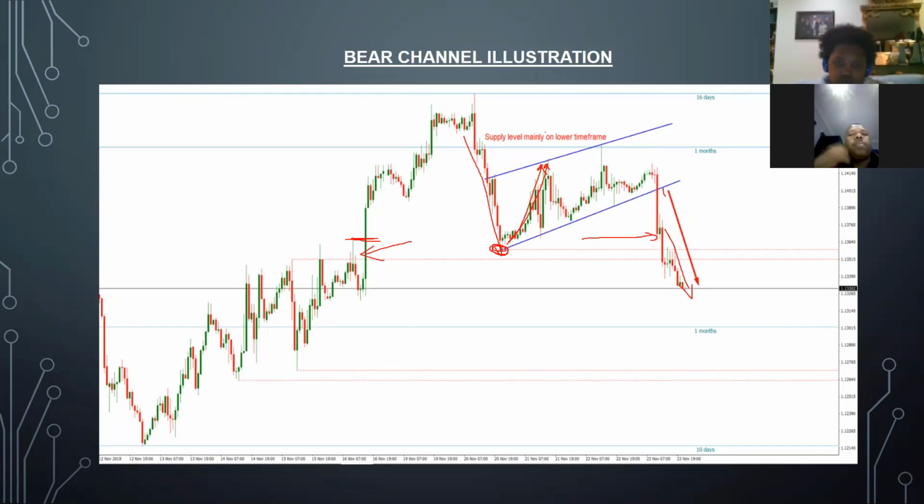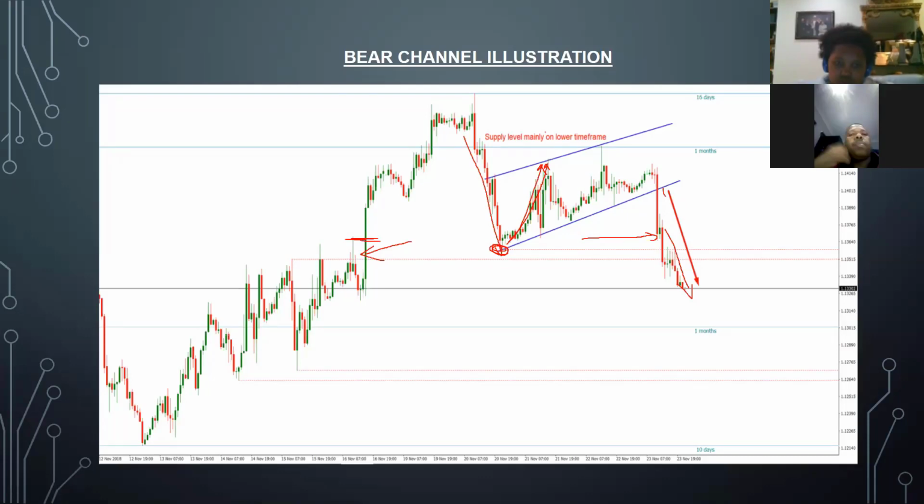It's not always a case of saying, okay, let me look for a bull channel right now because the market is moving too much to the upside. If price is not at an interesting area on the chart, there's no need to even waste your time looking. But when price is hitting, say, a weekly supply, then you go down to a 4-hour chart, you go down to a 1-hour chart to look for channels.